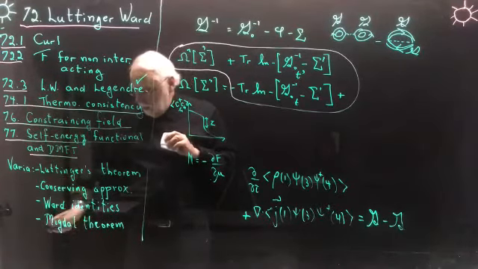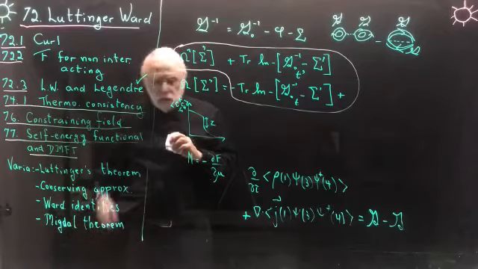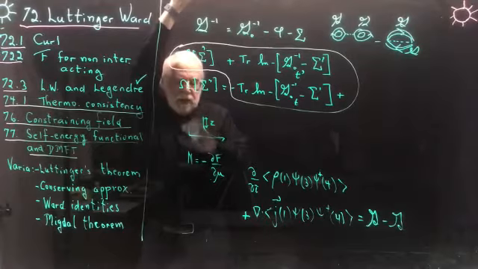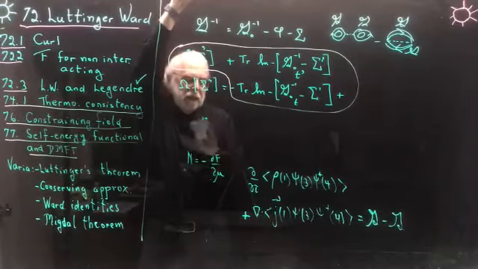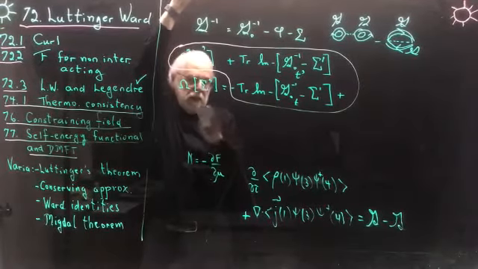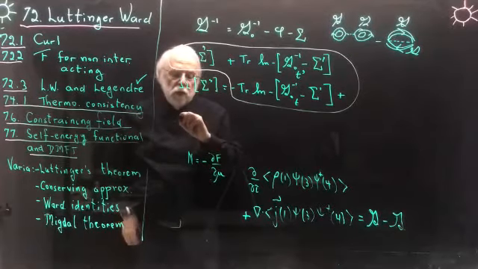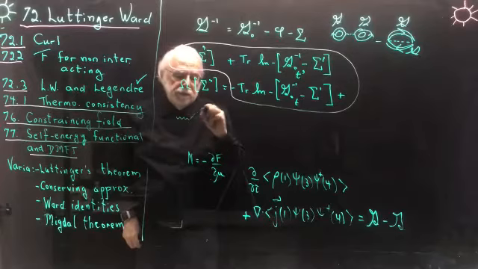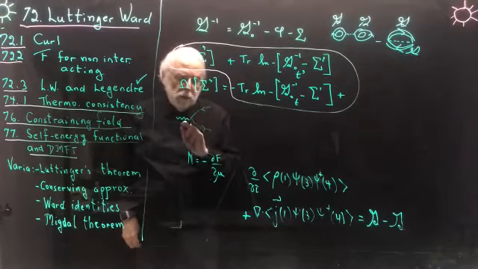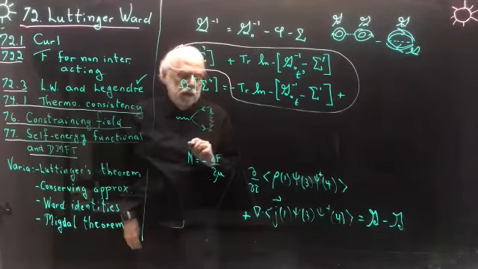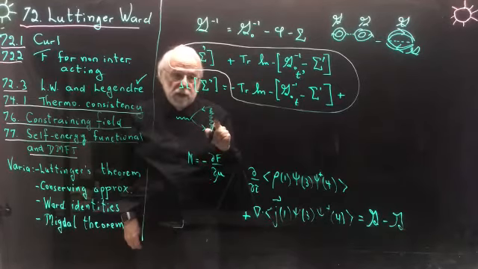Now, Migdal's theorem is not in my notes, but it's important for the BCS theory. And the statement of Migdal's theorem is that if you have electron-phonon interactions, so there's a phonon and there's some interaction, then the vertex correction, so you have the phonon here, that's a vertex correction.